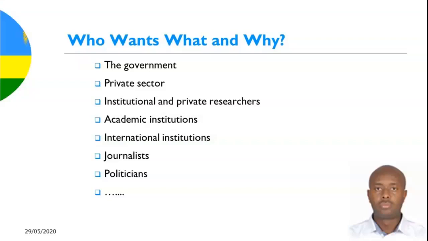Institutional and private researchers, academics and academic institutions, the international community, the IMF, the World Bank, almost all international institutions are trying to get data from countries, journalists, politicians. We've seen, for example, globally, some news and some stories that are linked with politics, that are linked to personal issues of people.